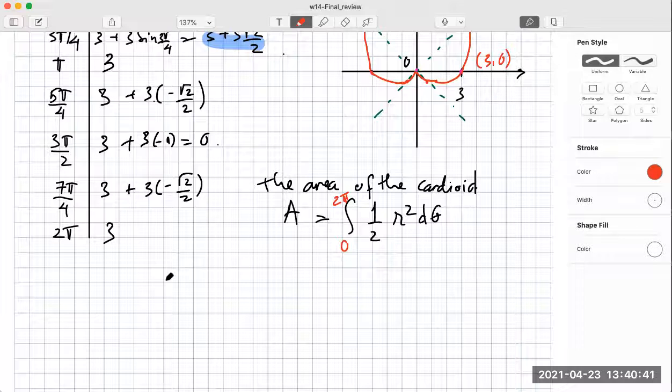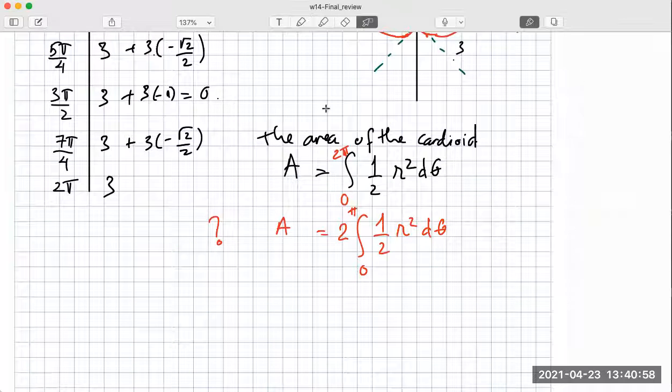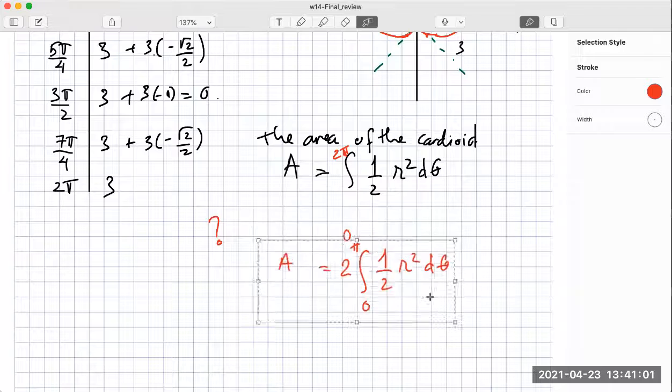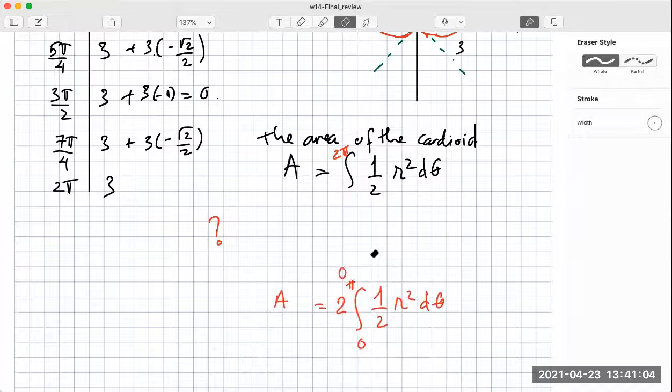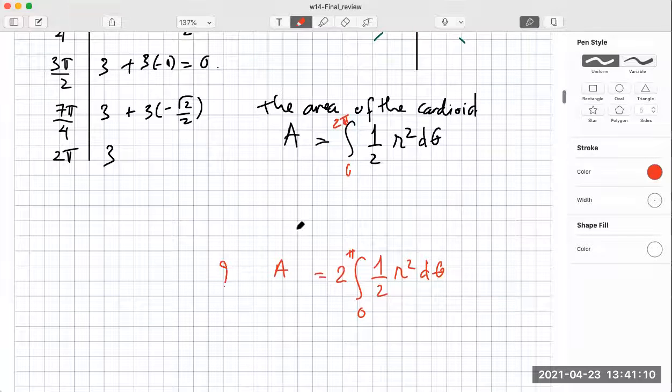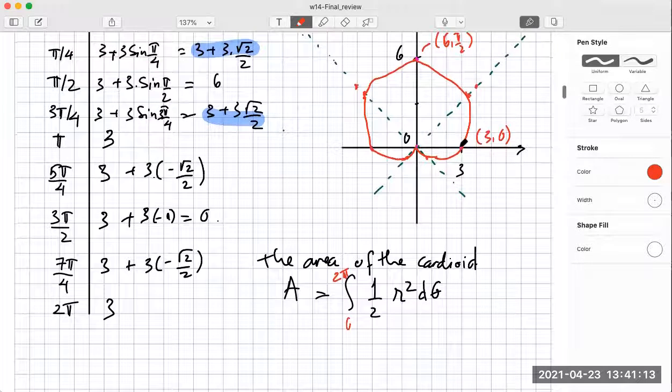Some mistake could be this. So we wonder if we can simply go from 0 to pi and then double that. Can we do this? And why? Very good. Remember, when it goes from 0 to pi, what is the area of that? The area from 0 to pi would be from this guy to this point, right?